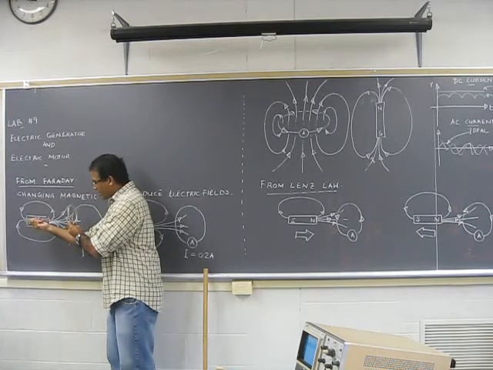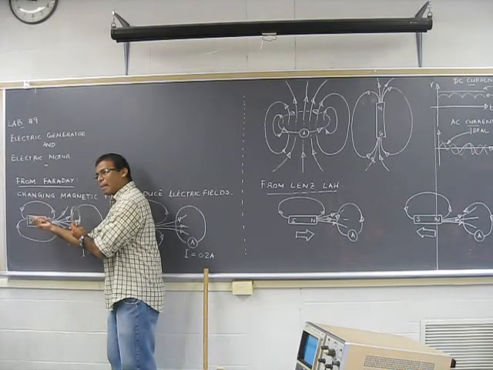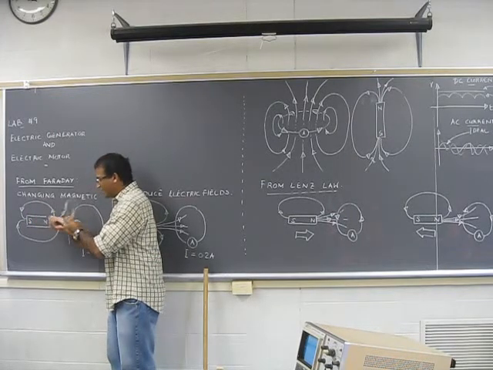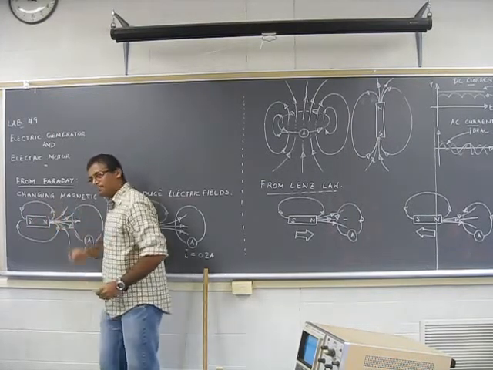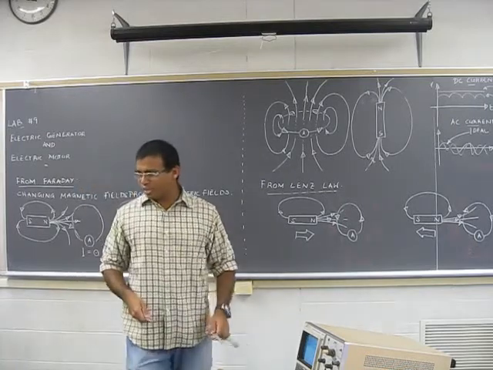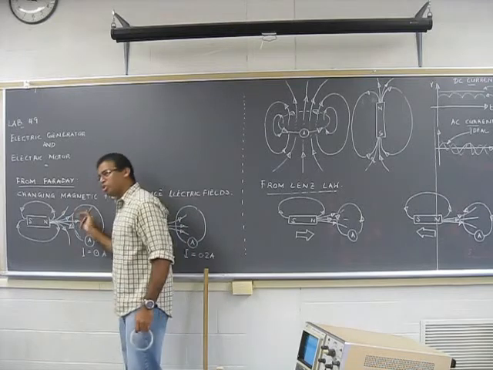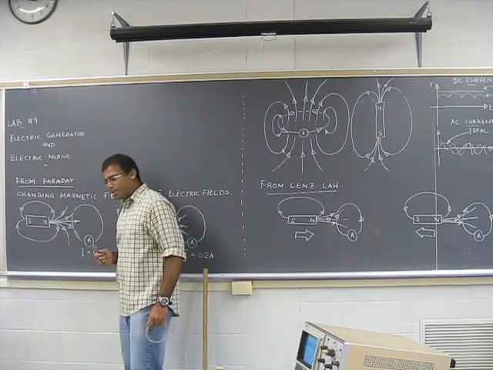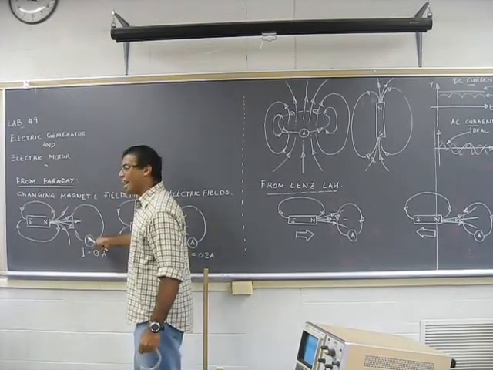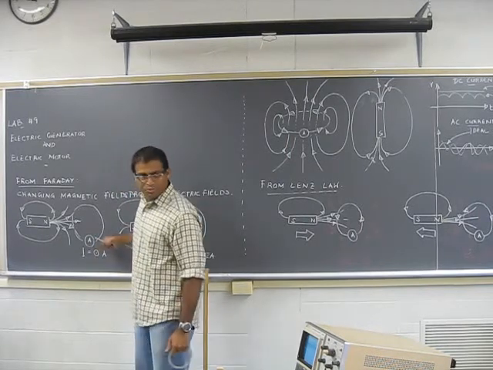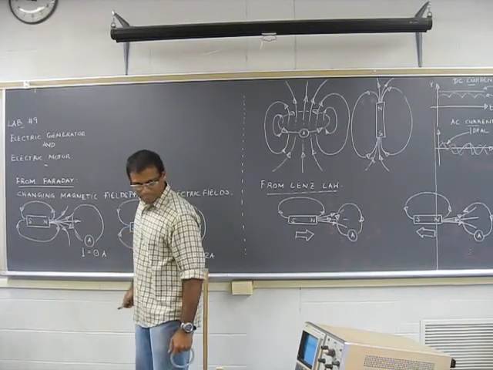So the idea is that even if I have my magnet like this, you will still have field lines going through this loop. We have looked at these field lines last time, right? So the field lines are still going through this loop. Now, if you were to look at the ammeter that is attached right here, the current that you will read is going to be 0.